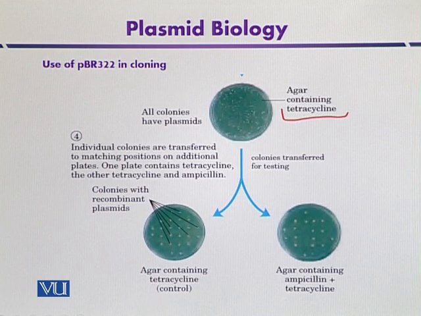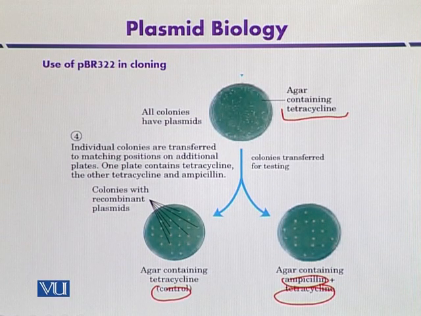In the subsequent step, the transformants are plated on two media, one supplemented with tetracycline that will act as a control, and the other containing ampicillin as well as tetracycline. All the cells will grow on the tetracycline medium, while on the medium supplemented with ampicillin plus tetracycline, only those transformants that contain the foreign DNA will be sensitive to ampicillin.